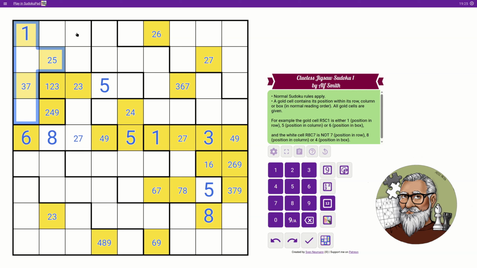In this region. 1, 2, 3, 4, 5, 6. It's not gold, so it can't be 6. Right, so I need a 6 here. That gives me a 2. And this becomes a 7. Because it's in the same region, right? Okay. That is useful.